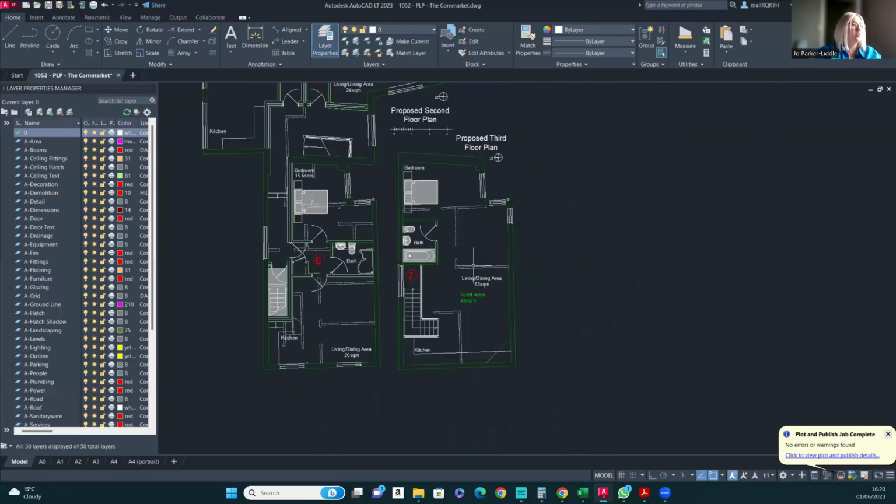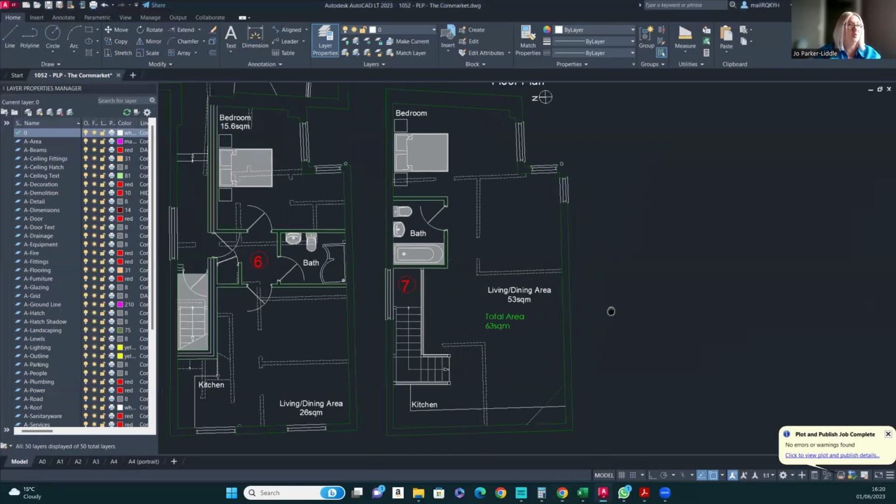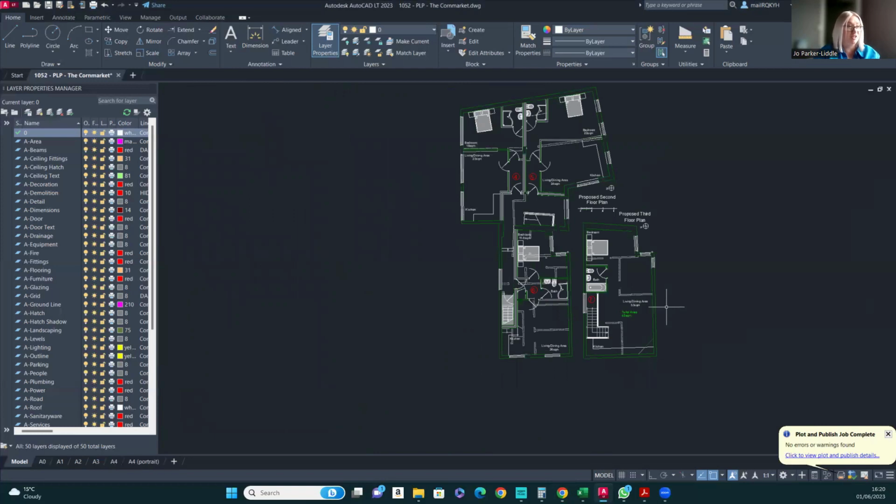I mean, we'll take this one for example. This 1-bedroom apartment here is 63 square meters. Now, you don't actually need that much space for a 1-bedroom apartment. Normally, for a 1-person 1-bedroom apartment, you only need 39 square meters. So this is a bad use of what you've got there.